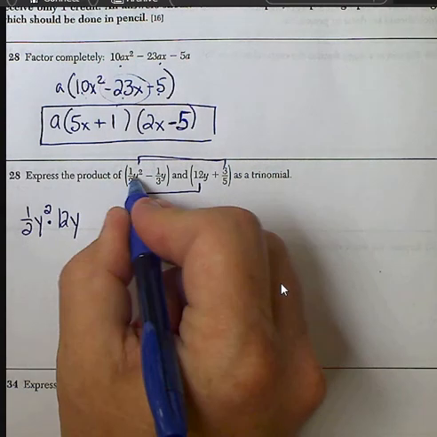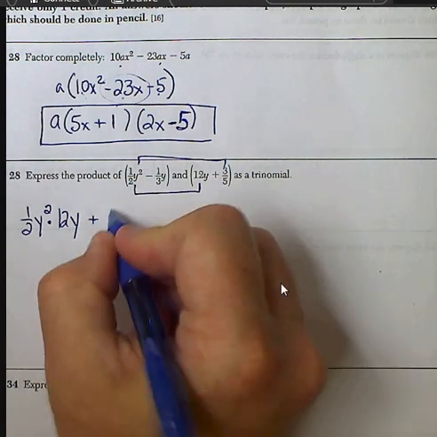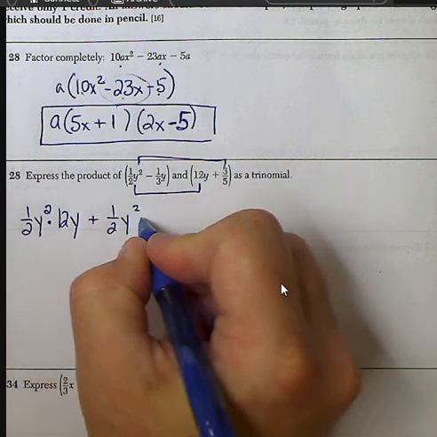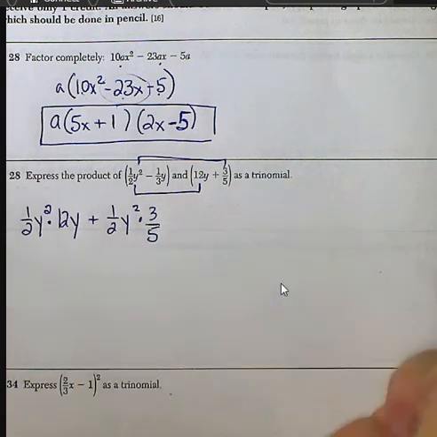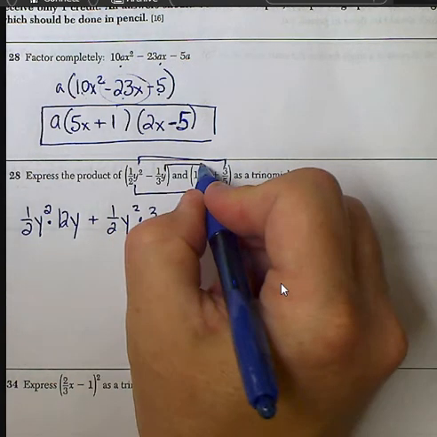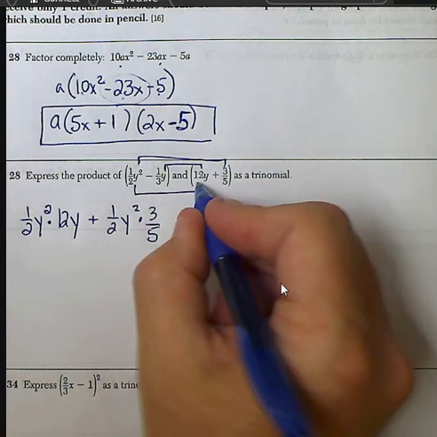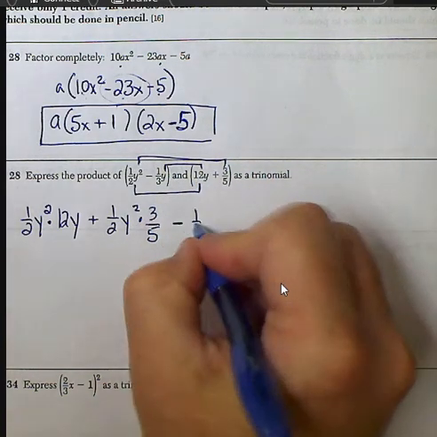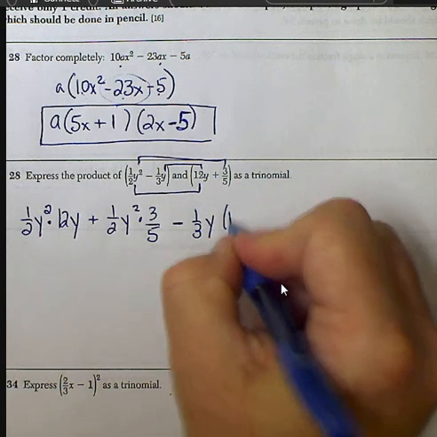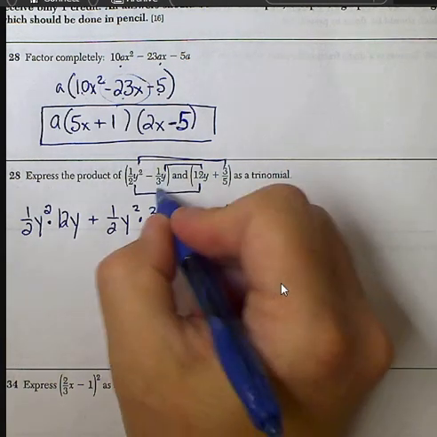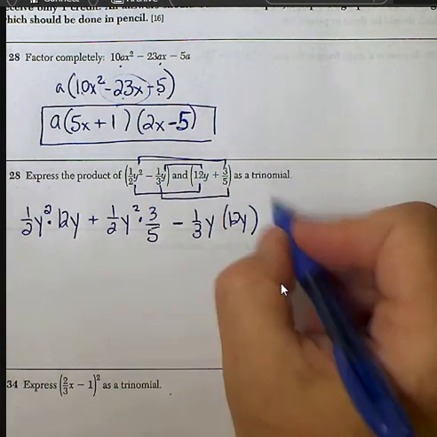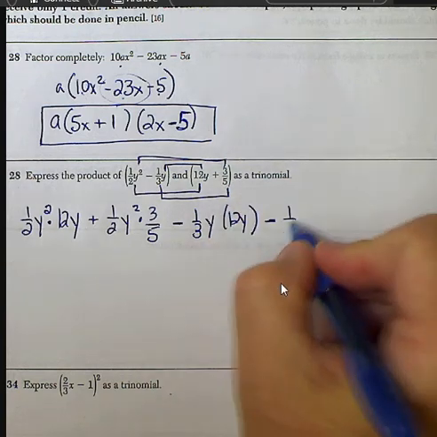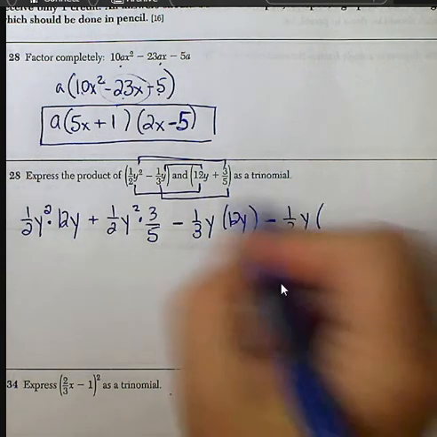So that's going to be a positive times a positive, so plus 1/2 y squared times 3/5. Then the inner terms, which will be a negative times a positive, which is a minus 1/3 y times 12y. And then finally your last, which is a negative times a positive, which is a negative 1/3 y times 3/5.